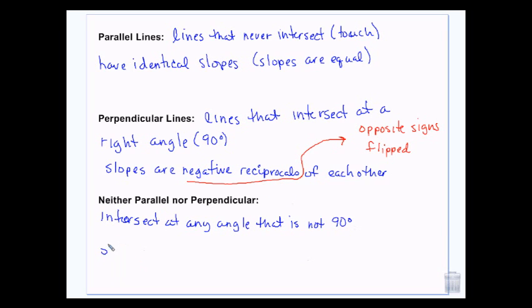And then your slopes have nothing to do with one another. So there's no special relationship between the slopes. They don't match and they're not negative reciprocals. One might be a third and the other one might be -5. They're just random.